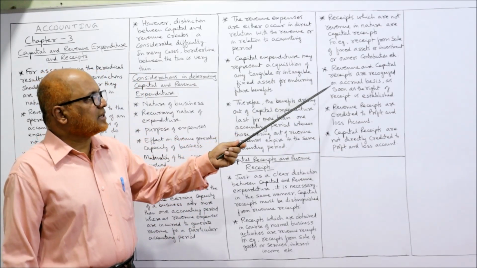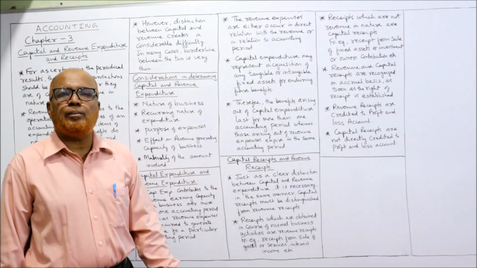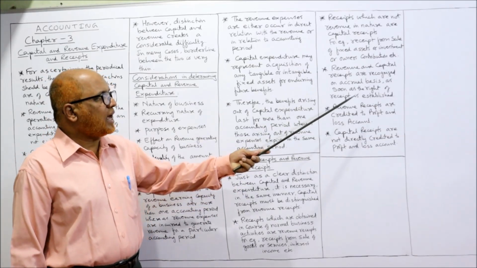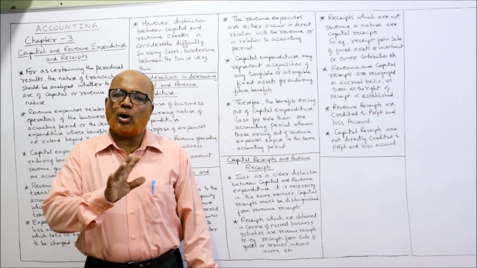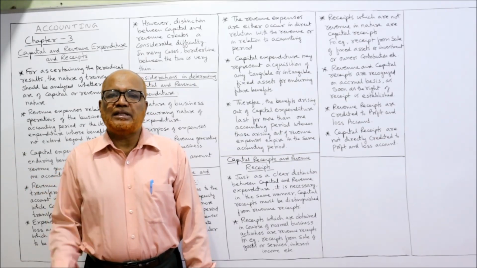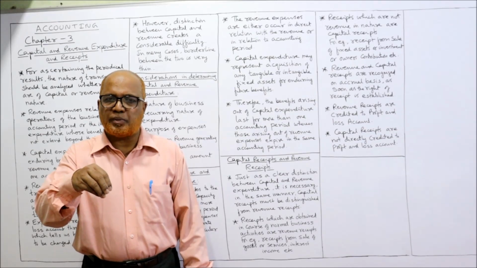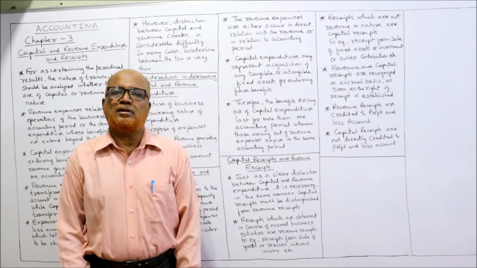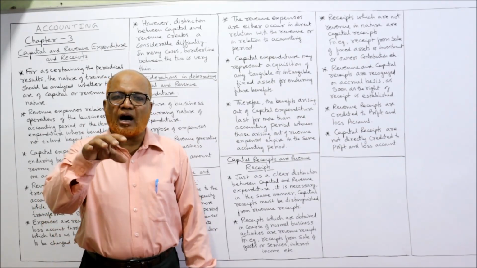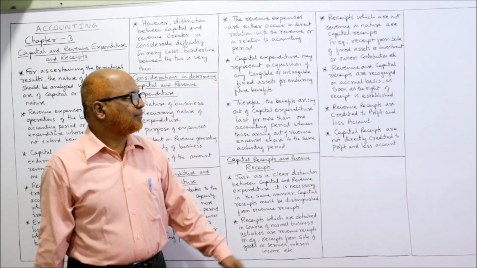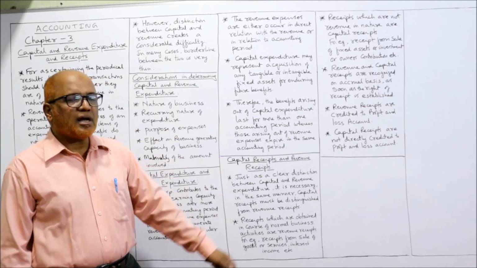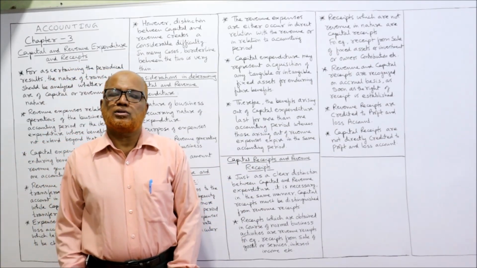Now, revenue and capital receipts are recognized on accrual basis. As soon as the right to receipt is established, the accrual concept will always be applied, whether it is revenue or capital expenditure or revenue or capital receipt. Whenever it is accrued, it should be recognized, irrespective of whether received or not. Similarly, revenue receipts are credited to the profit and loss account.